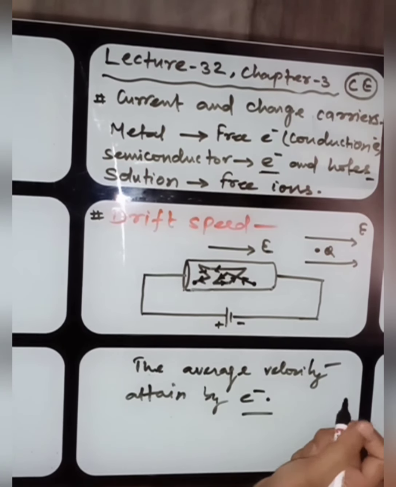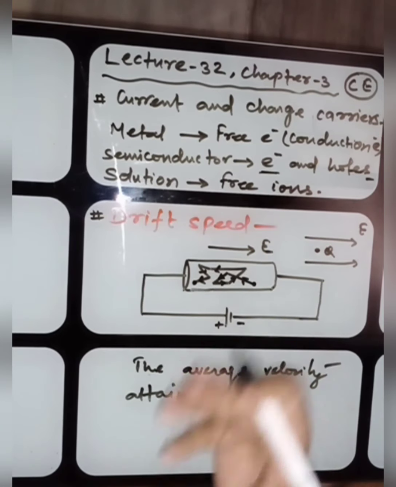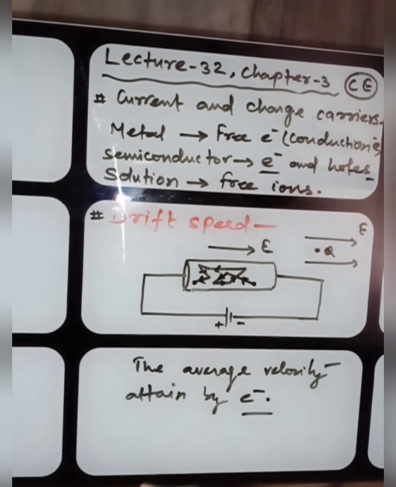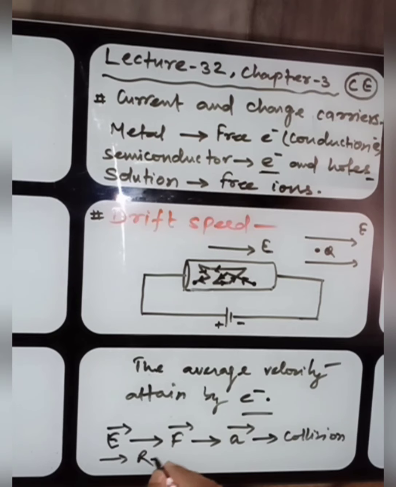Now my dear student, step by step I am telling you how this particular electron drifts inside the conductor. First we apply an electric field, then it experiences a force, then it starts accelerating. Then it gets a collision, and due to collision it comes to rest.